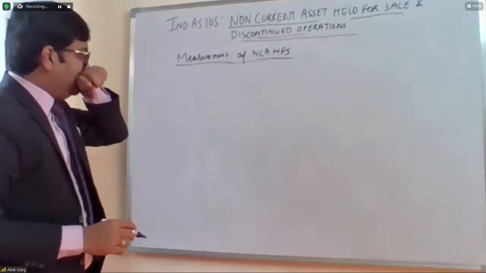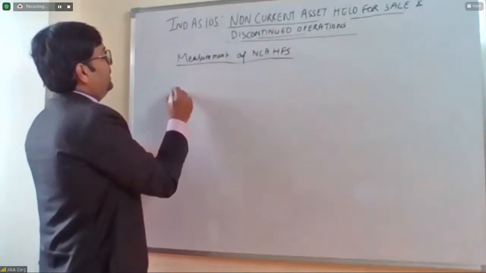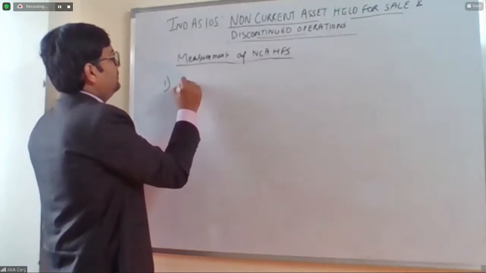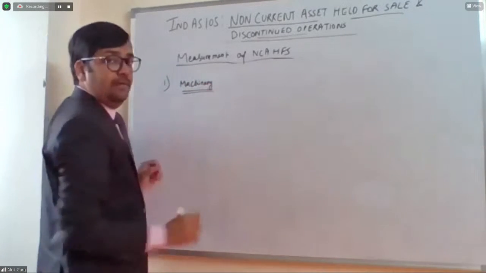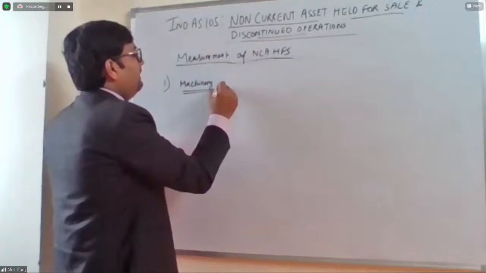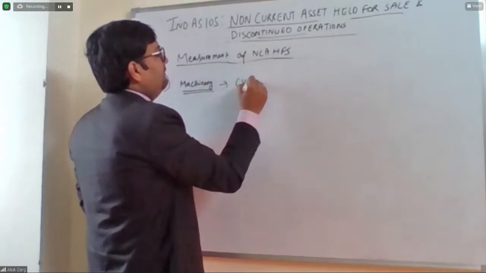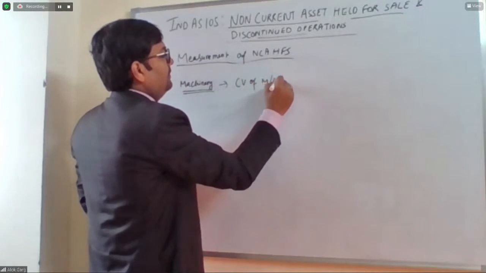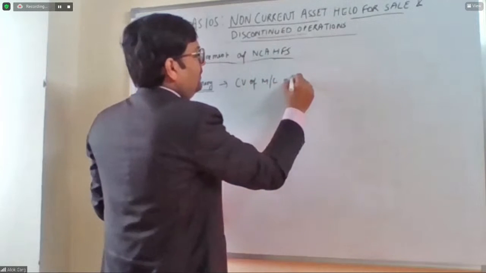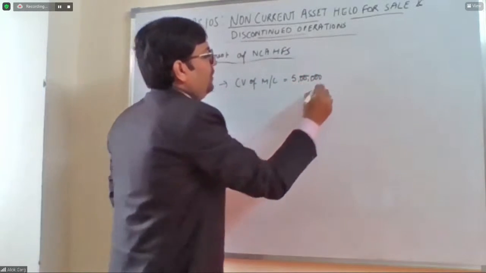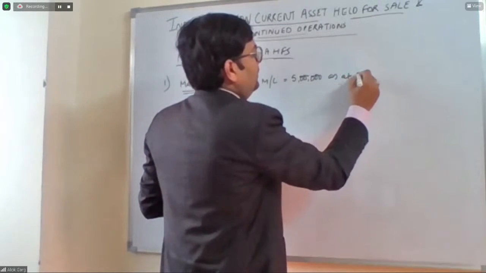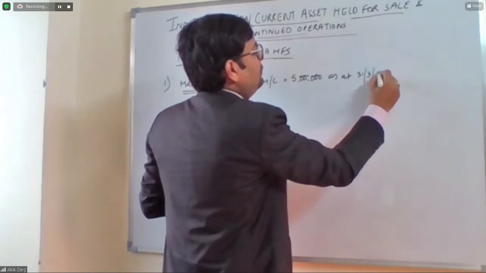For example, there is a machinery. The carrying value of the machinery is 5 lakh as on 31st March 2019.